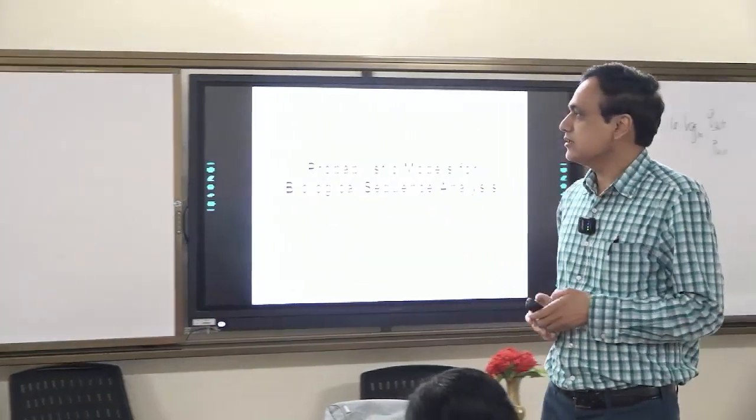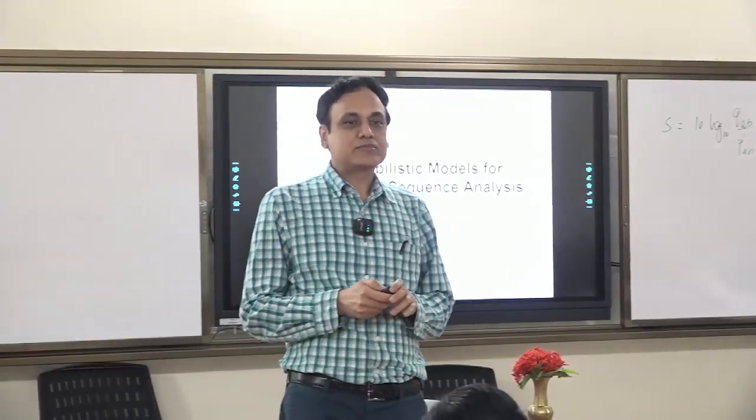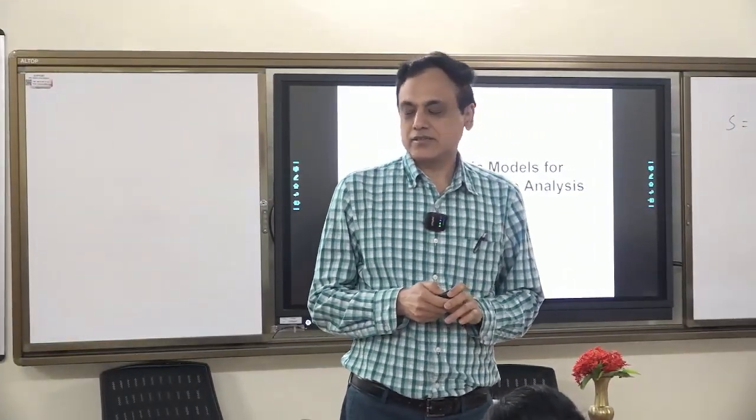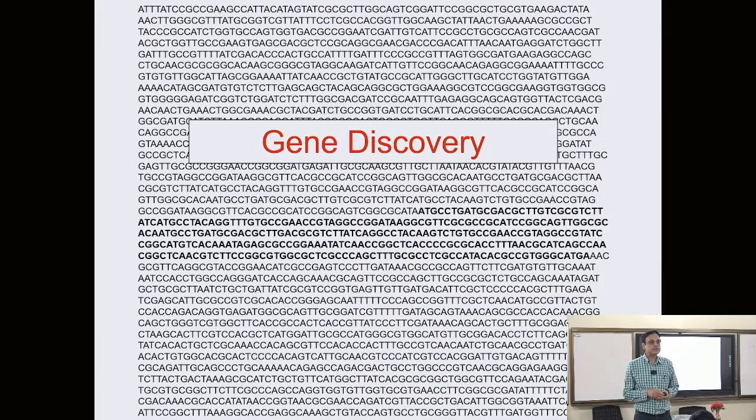Okay, so one of the most challenging problems in the 1980s in molecular biology and genetics was to identify genes in genomes. And genes, as you know, code for proteins. Not all, but those that are transcribed to messenger RNA could get translated to proteins.